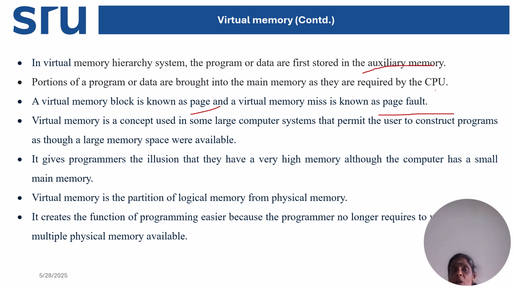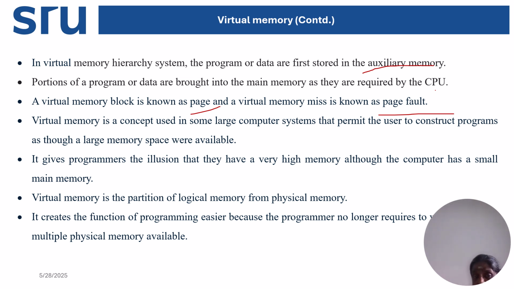Virtual memory is a concept used in some large computer systems that permits the user to construct programs as though a large memory space were available. So before using a larger code, the user need not hesitate about whether the memory is sufficient, because even if it is not sufficient, it can use virtual memory.